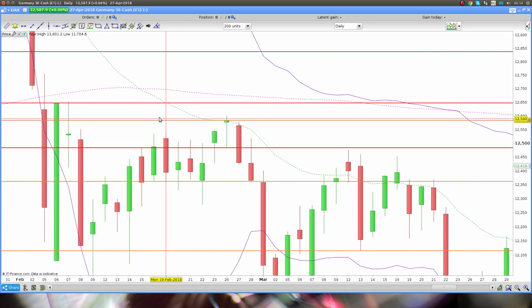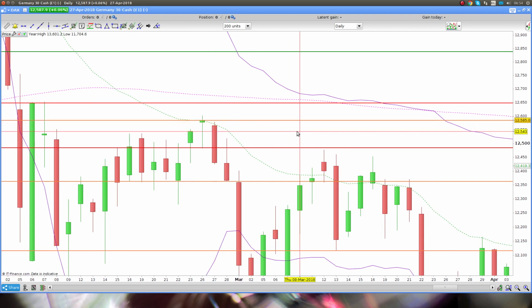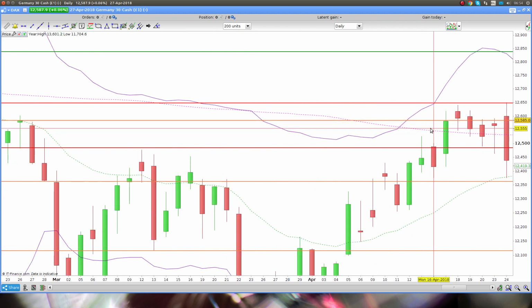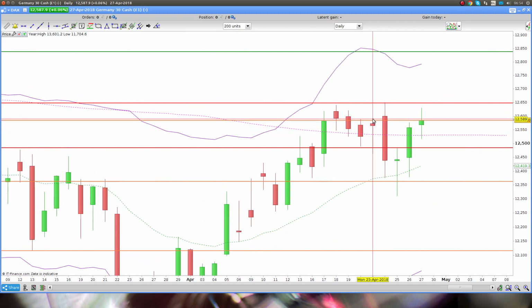This orange line was used once there, another once there, it closed on it there, bounced off it, tried to, opened, closed on it for Friday, for yesterday.